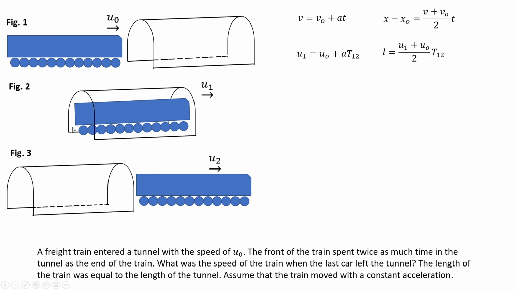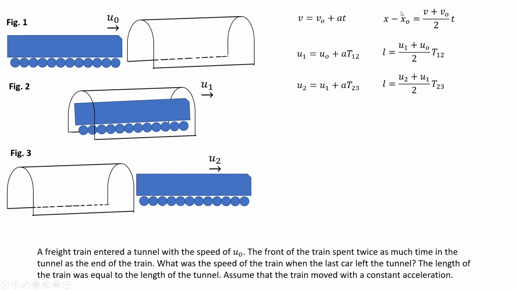And the point we're going to be interested in is the rear end of the train. Okay. So here's the formulas, how they're going to look. In this case, for the rear end, we consider t equals to 0 the figure 2. So our v0 will be u1. Our v will be u2 when the rear end of the train gets out from the tunnel.